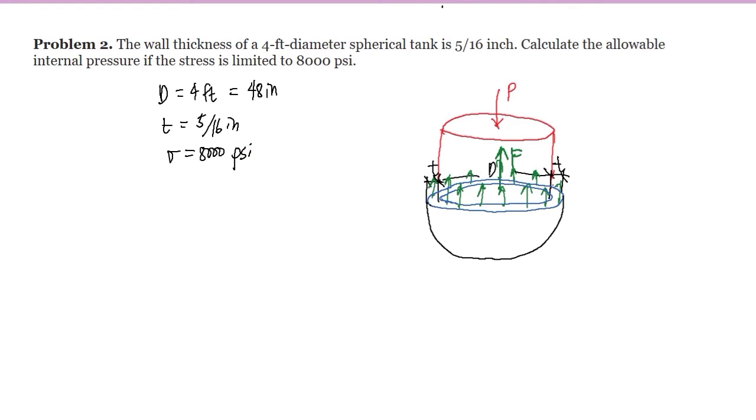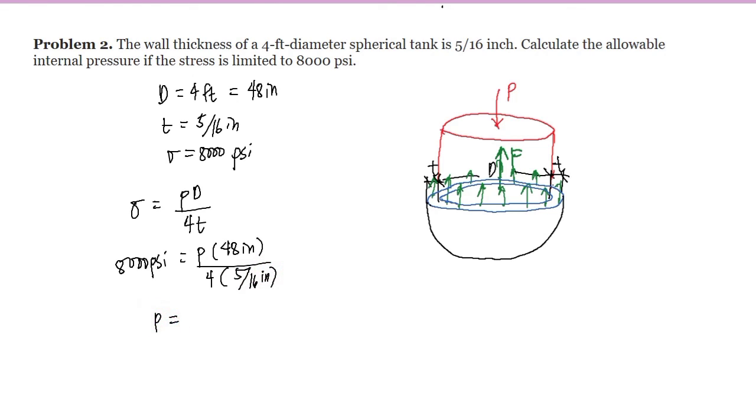So from the derived formula, we have stress is equal to pd over 4t. So we have here stress is 8,000 psi, p is unknown, and the diameter is 48 inches over 4 times the thickness of 5 over 16 inch.